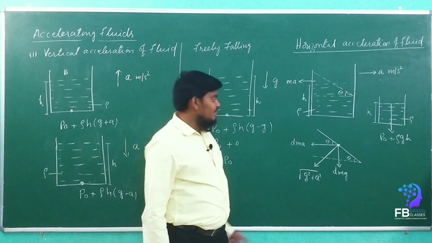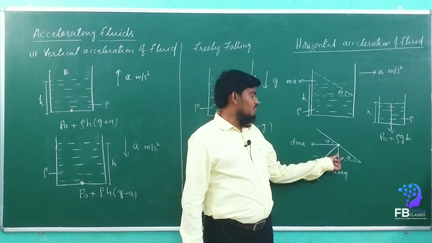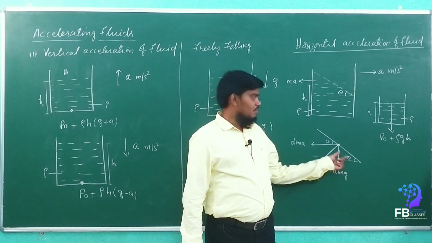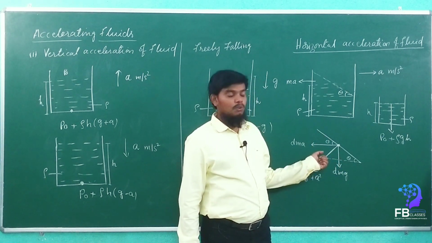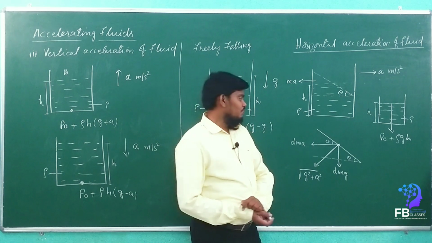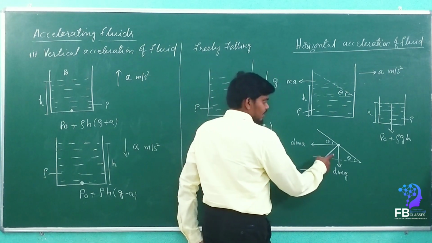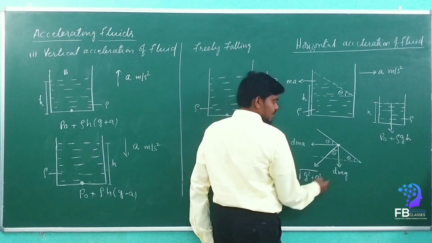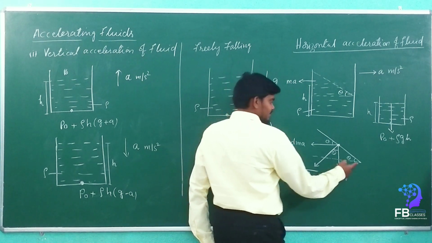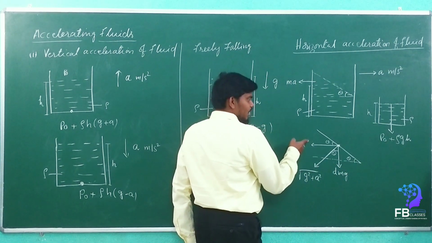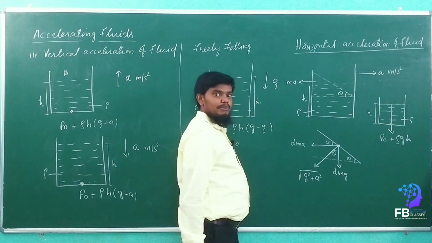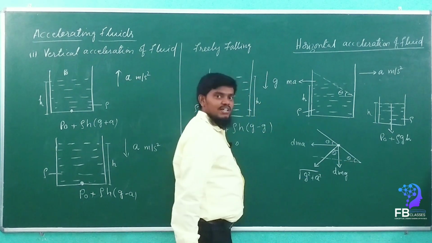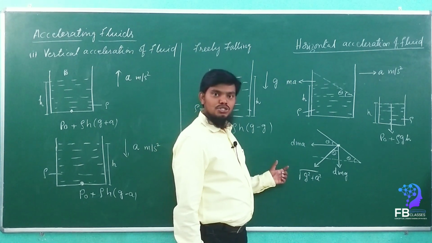Yes or no? Now what are we going to try to solve here? We are going to solve the equation based upon the theta value. Yes or no? So how much is theta? We can find it out very easily here. This is theta. Yes or no? So here, dma cos theta is equal to dmg sin theta, because along the surface the net force should be 0.